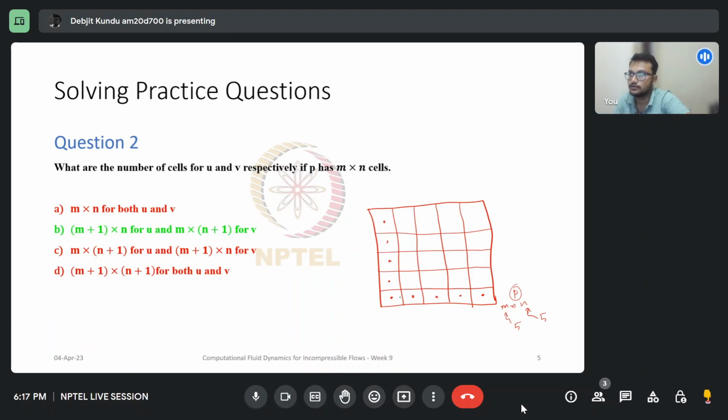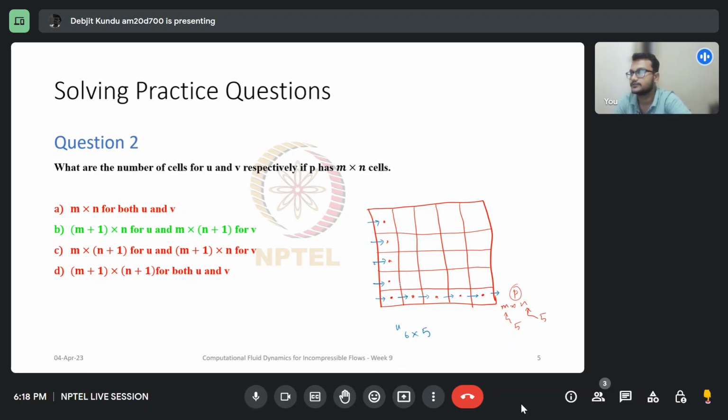So u we will store at the vertical faces like this, and there will be 2 such in the 2 boundaries as well. So you can see for u how many rows we got, how many columns we got. So 1 2 3 4 5 and 6, and we will look at the number of rows as well. So number of rows doesn't change, so for each cell we will use the vertical center, and we have 1 2 3 4 5.